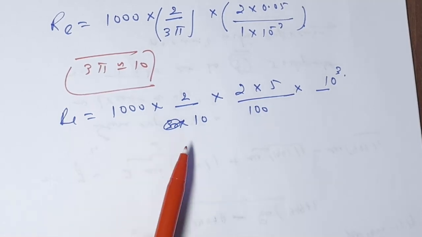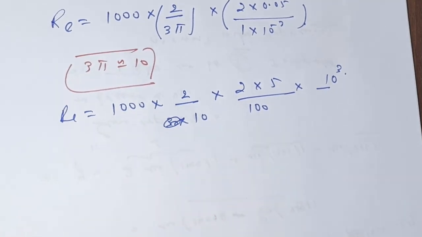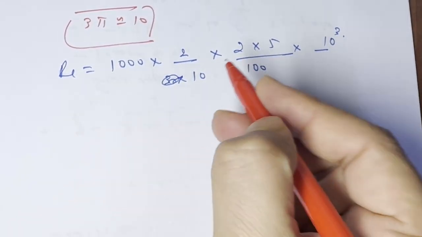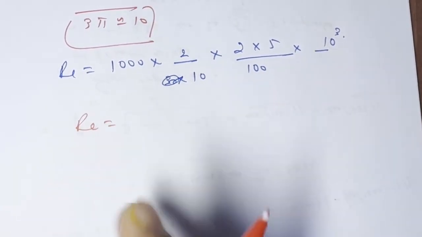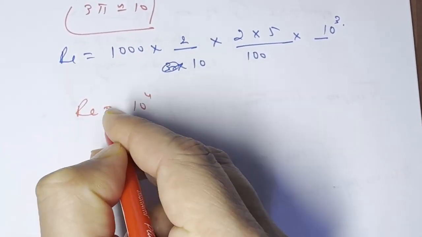I think all the parameters are covered. Yeah, all the parameters are covered. So if you solve this, we can easily see that this Reynolds number will be approximately equal to 10 to the power 4.